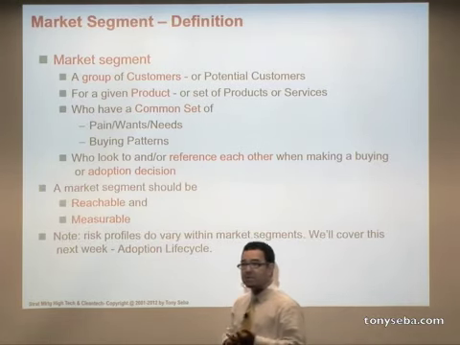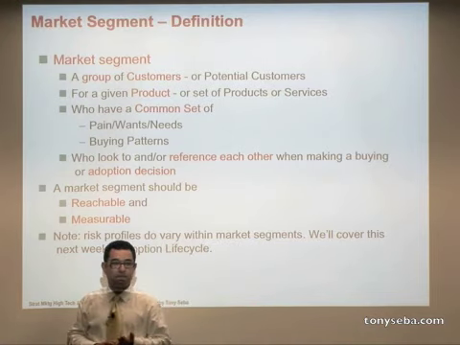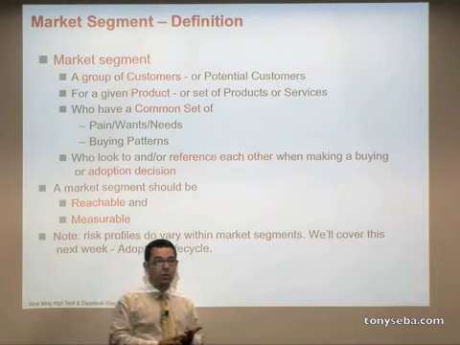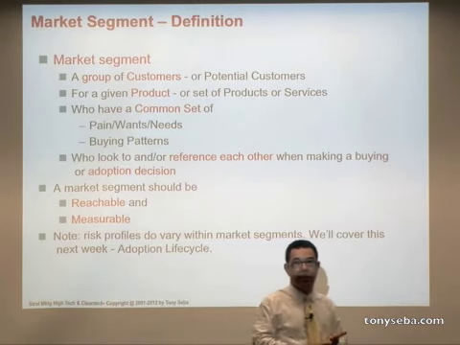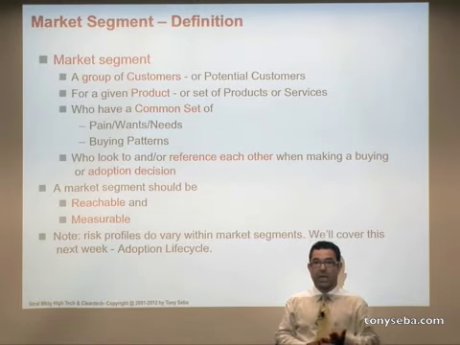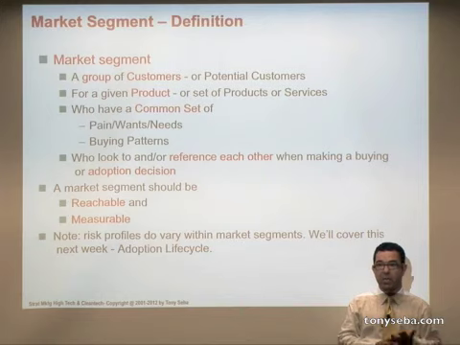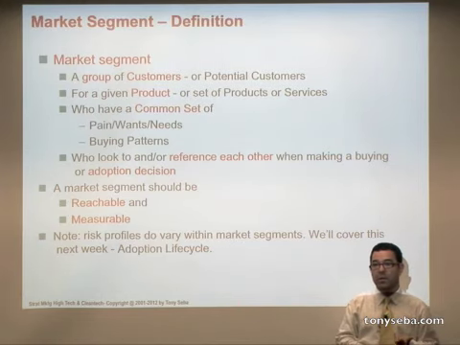A market segment should be measurable and reachable. You need to be able to reach this market. And you need to be able to say exactly how many of them, how many users or potential users there are. Okay?